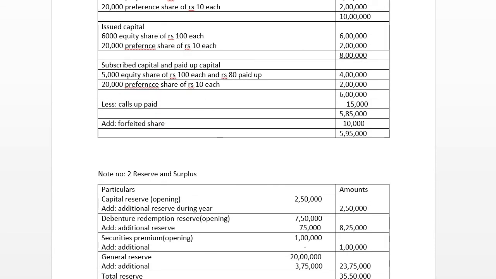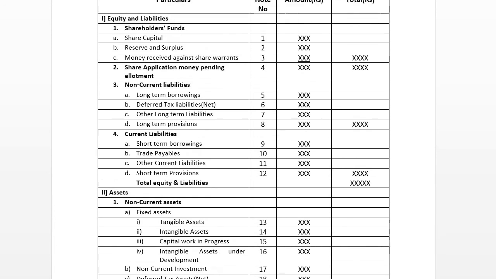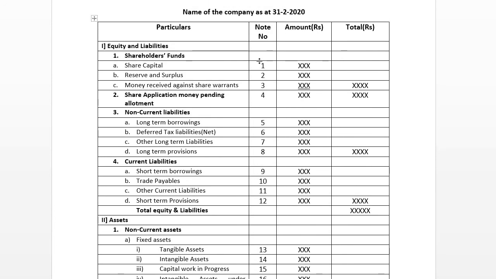Then later note number 1, this is 5 lakh 95,000. These amounts from the working notes 1, 2, 3 have to be substituted here in note number 1, 2, 3. Then later we are going to make the total in the inner column, and that should be taken to the outer column. Then later in the next class we shall go ahead with the next schedule of the balance sheet. Thank you.